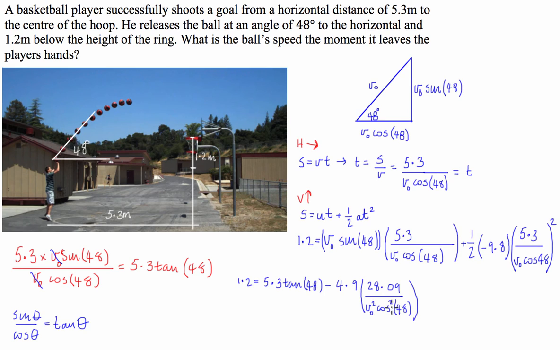Now what we can do is multiply into this bracket from the back. So we can go 4.9 multiplied by 28.09. Let's just rewrite that.